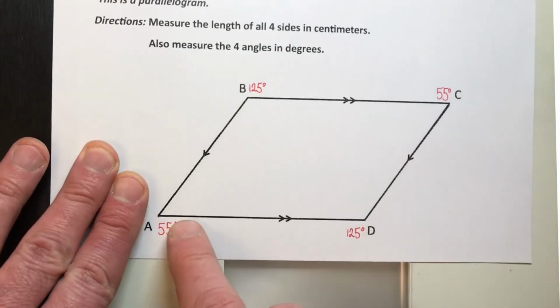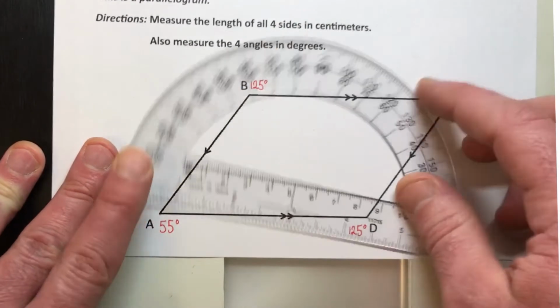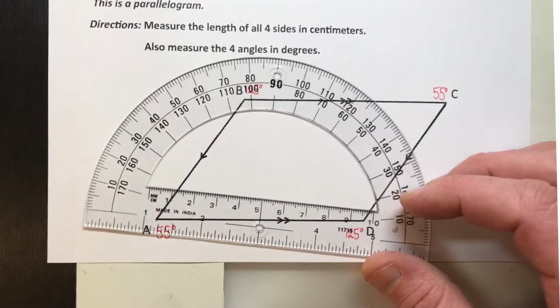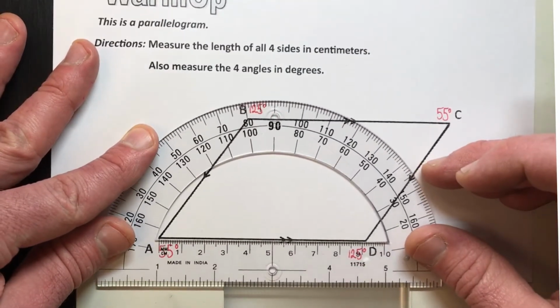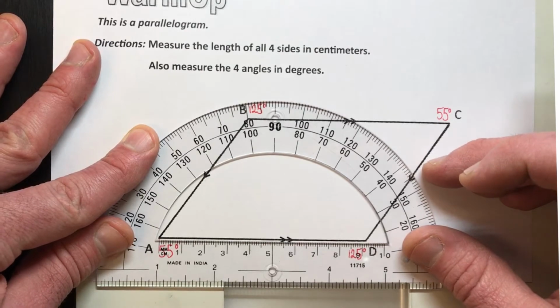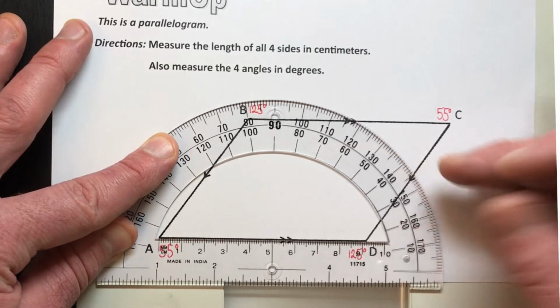All right, next thing I want to do is I want to measure the length of the sides in centimeters using a little ruler right here on your protractor. So how long is this side right here?